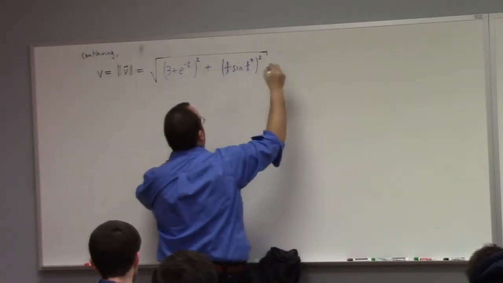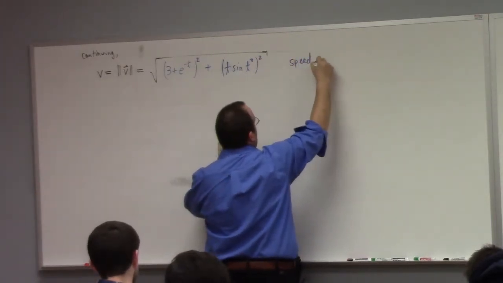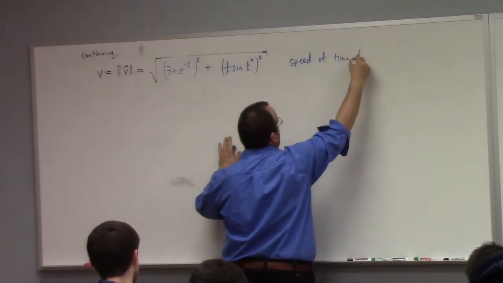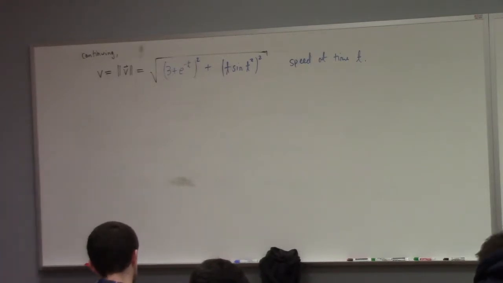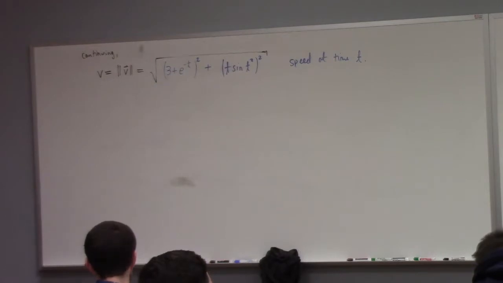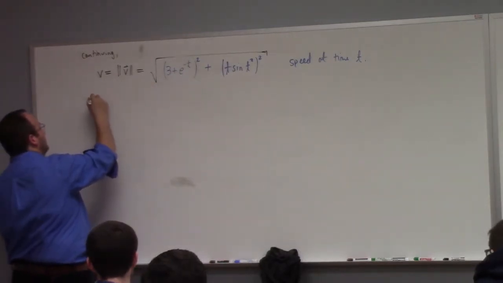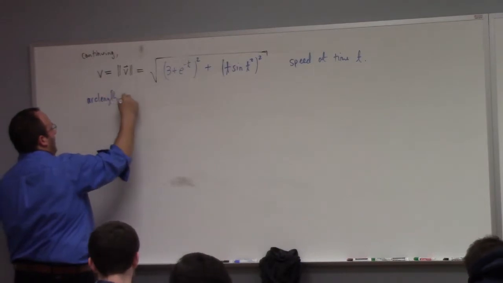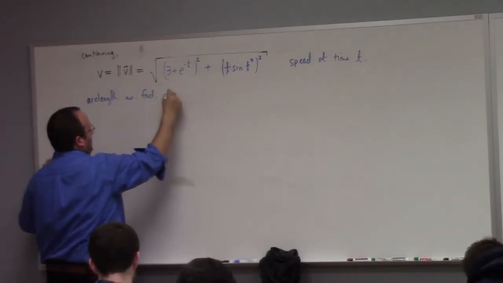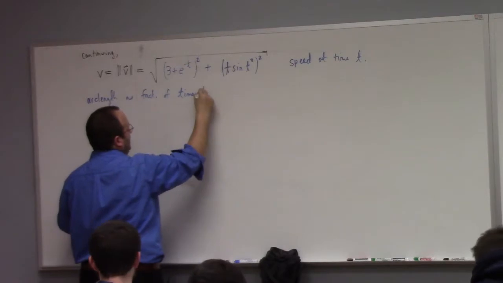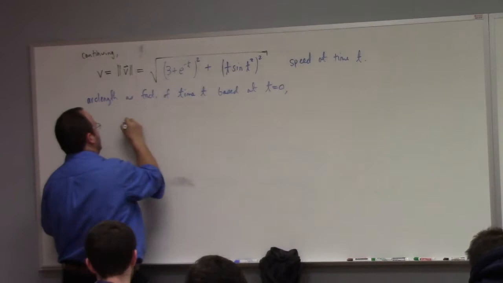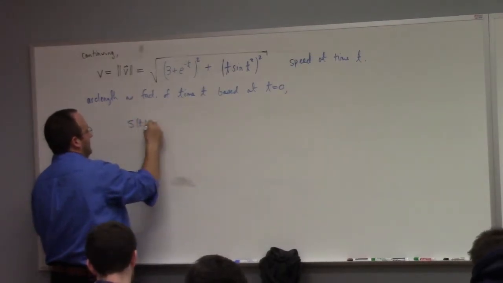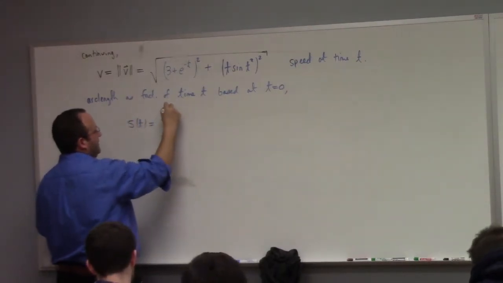So there you go. That would be the speed at time t for my example. Listen, if you wanted to calculate the arc length as a function of time, since we've done all this work already, let me just tell you here. Arc length as a function of time t, based at t equals 0, would be s of t is the integral from 0 to t.